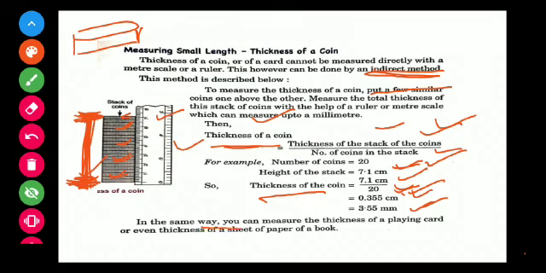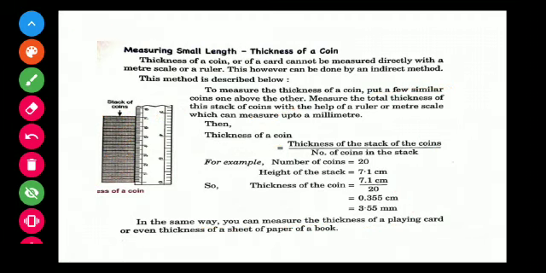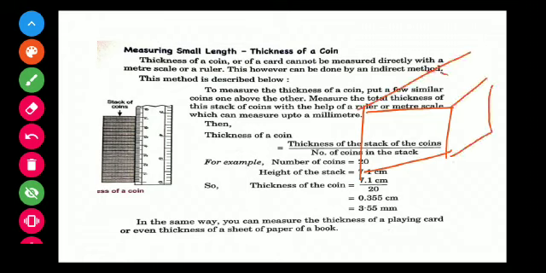In the same way, we can measure the thickness of a playing card or even the thickness of a sheet of paper. How to measure the thickness of a playing card? Suppose there are 52 playing cards. We measure the total thickness of the cards. Let the total thickness be 10 centimeter.